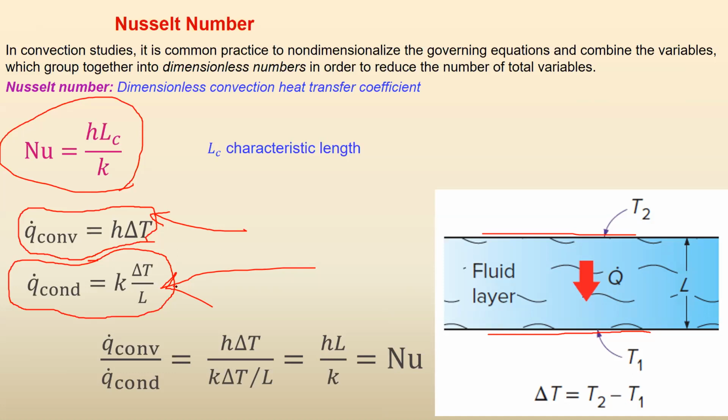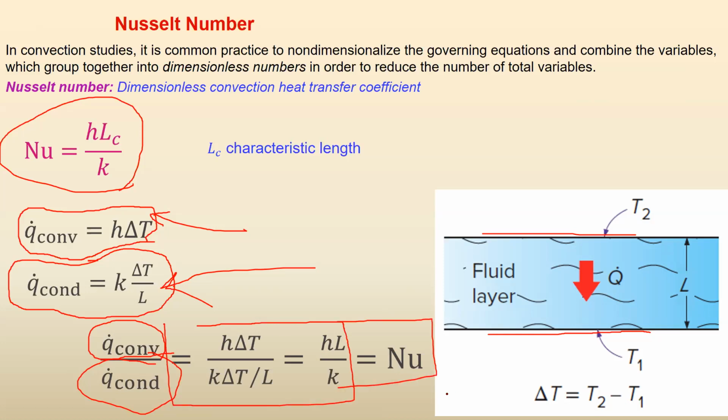This gives me heat transfer in the form of conduction through the fluid, and this gives me heat transfer in the form of convection through this fluid. And we have a combination of both in most mechanisms. Sometimes one of them is very significant and dominant, the other one is very small, or the other way around in different systems. So if I divide them, the convection mechanism divided by conduction mechanism, this is what I get: actually, Nusselt number.